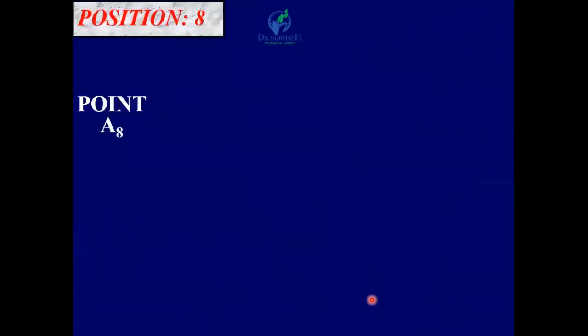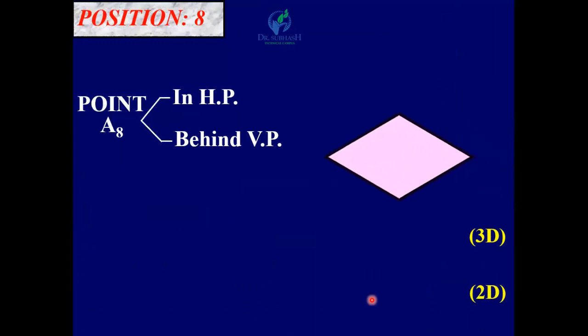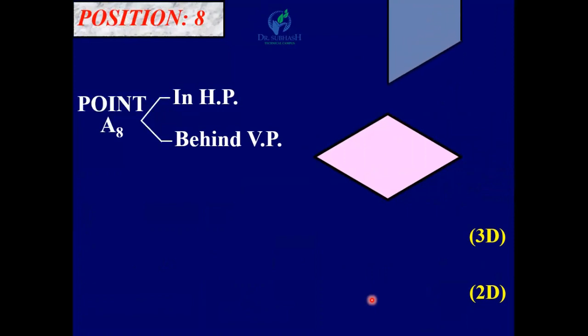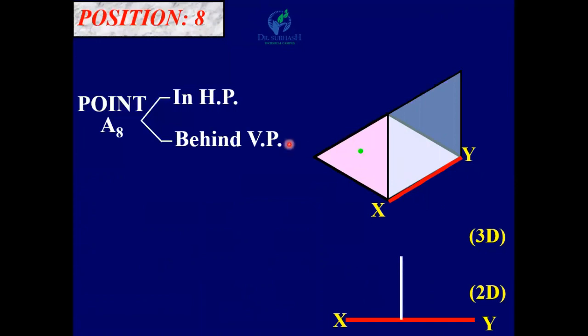Position 8, point A8 in HP behind VP. So point A8 is on HP and behind VP. So original point A8 is above XY line. Now front view is on XY line, A8 dash.